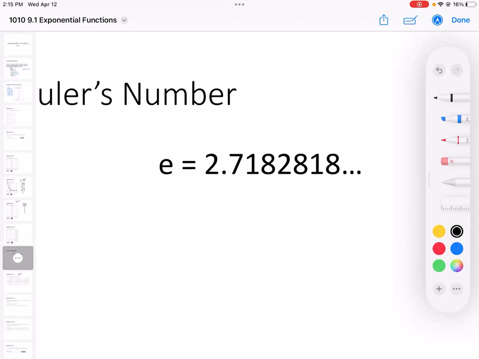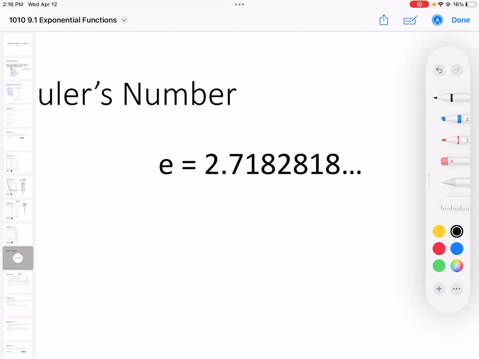But this number shows up a lot in exponential functions because you can use it to model things like compound interest, because compound interest is repeatedly multiplying by the same interest rate, so it's an exponential relationship. It also shows up in population modeling, like how fast a population is growing.